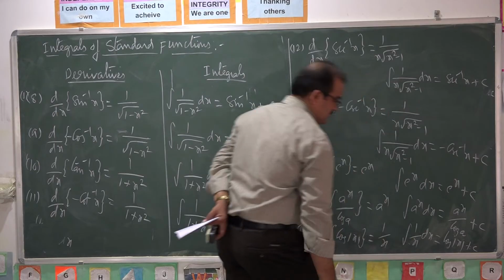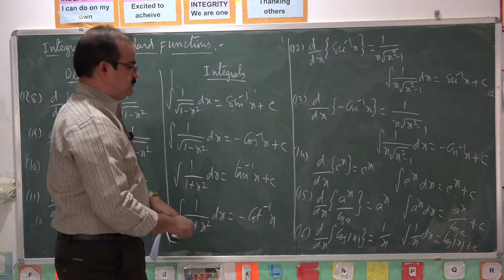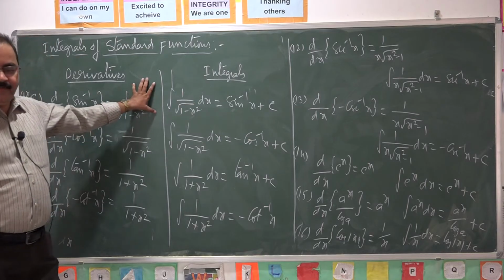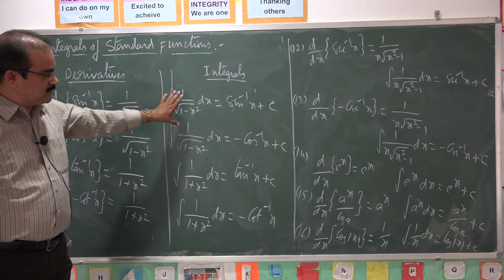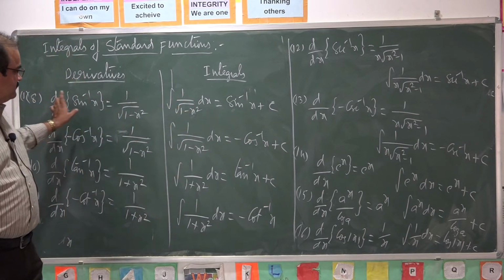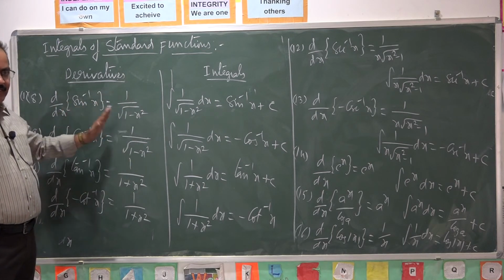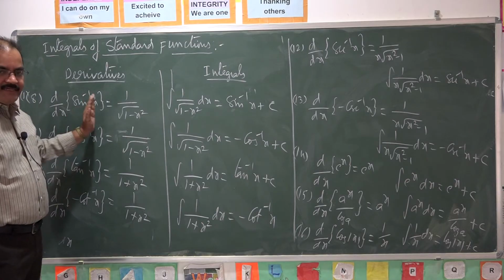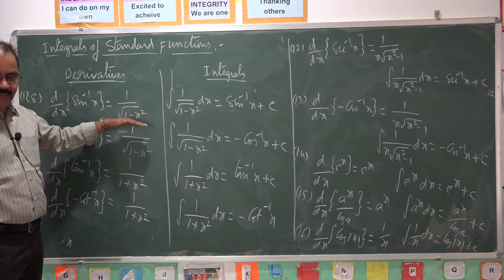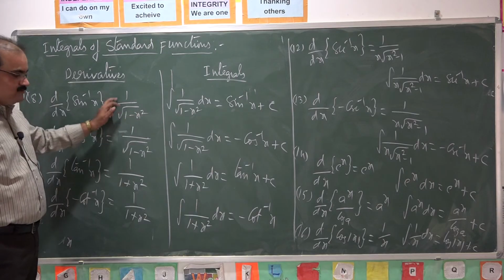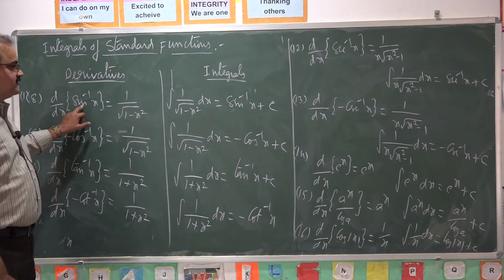You write plus c to each formula. So in this way, all the formulas in integration are deduced from derivatives. Just you write it in reverse order. If d by dx of sin inverse x is 1 by root of 1 minus x square, then simply integral of this function is sin inverse x plus c.